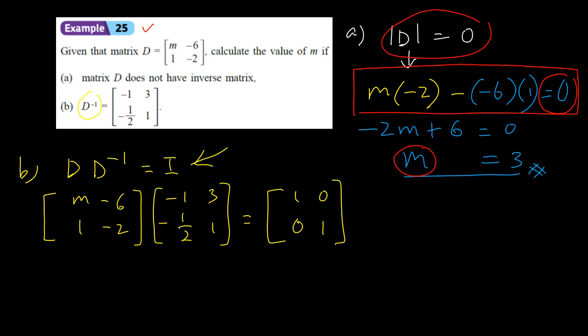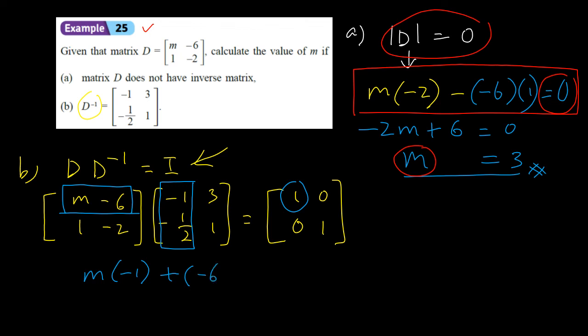You want to find M. M is in the first row. First row times the first column, you'll get 1. So M times -1 plus -6 times -1/2 equals 1.